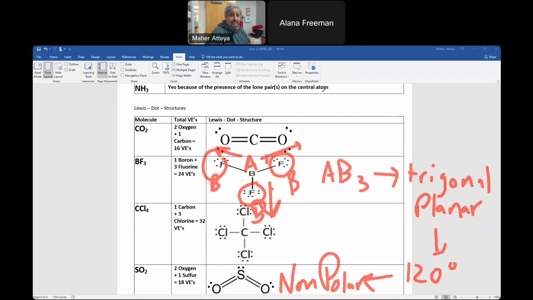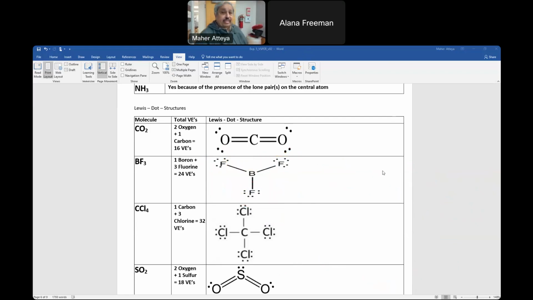So let's take the fourth one. The same thing here. Chlorine is 3.0, carbon is 2.5. So you can see that the chlorine atom is more electronegative. So all the dipoles will be going towards the chlorine, always this way, correct?